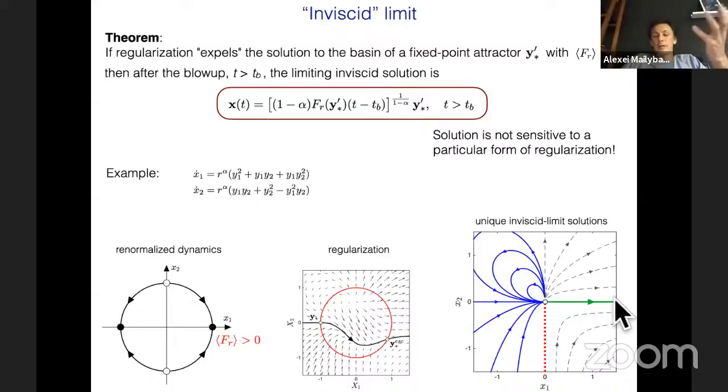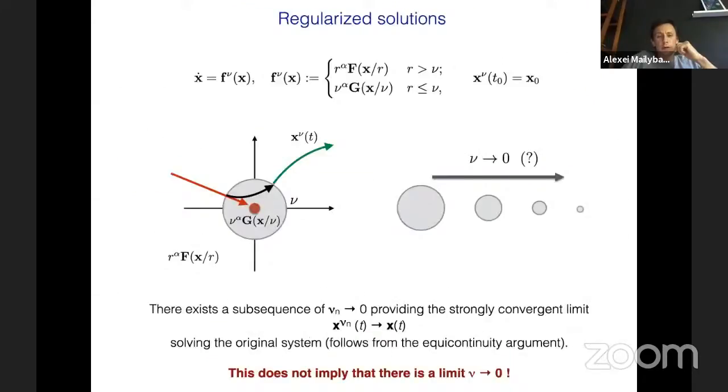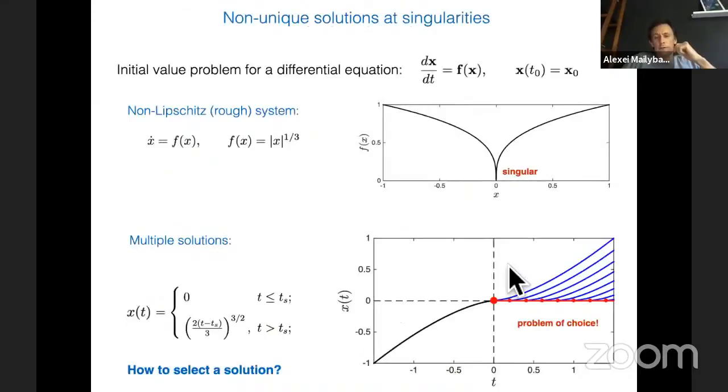And this is described by these attractors. So this is the situation, and the same situation you would have in our very trivial example. You can also prove that depending on the regularization, you either stay at 0 or you immediately leave along this trajectory. You cannot choose any other path.